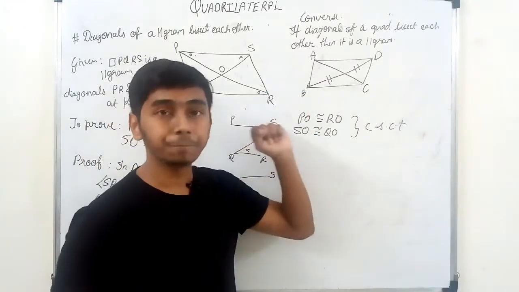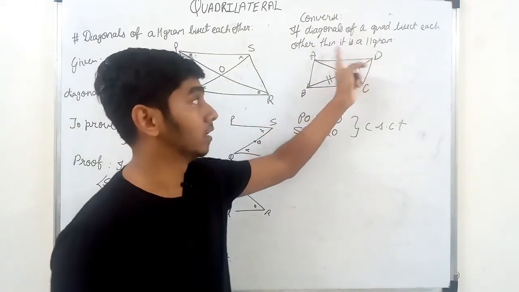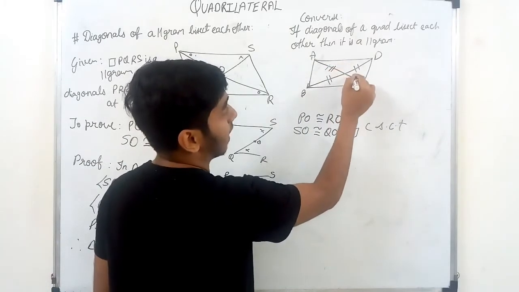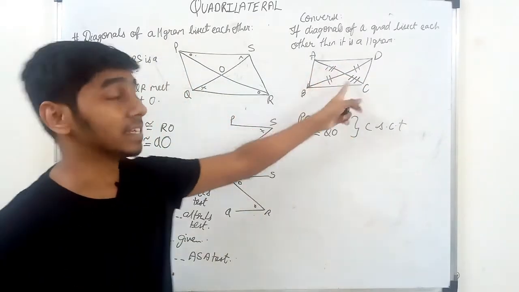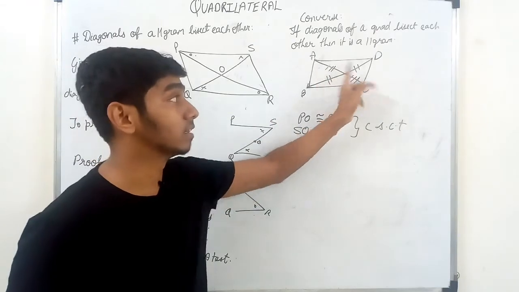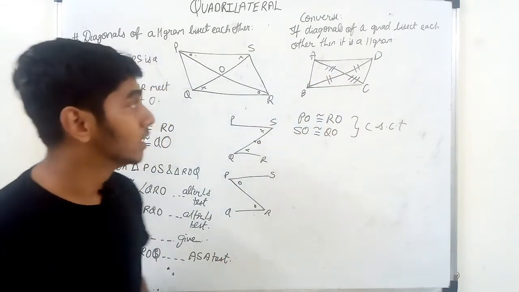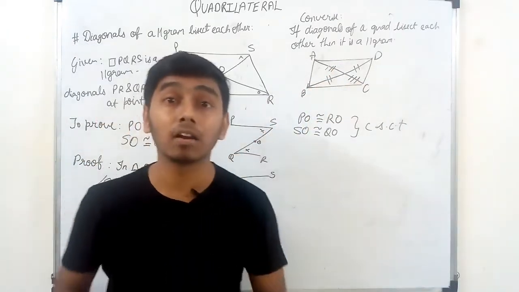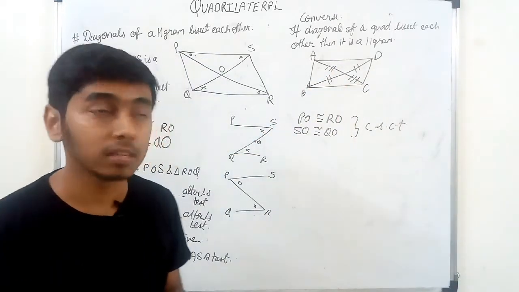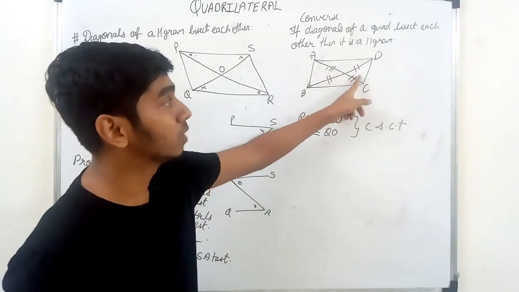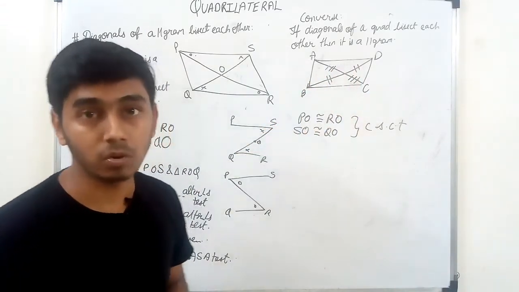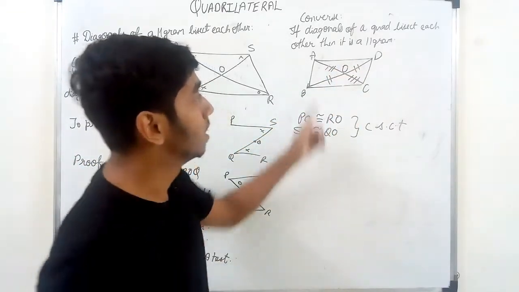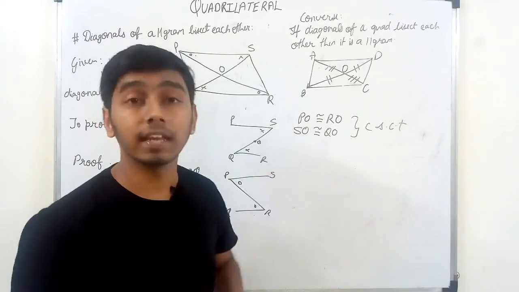So here we are proving that this is a parallelogram. Here the diagonals bisect each other. That means this and this is congruent, this and this is congruent. With the help of this, we can easily prove that this is a parallelogram. How can we do this? We can take these two triangles, let's name this as O. So AOD and COB we take.